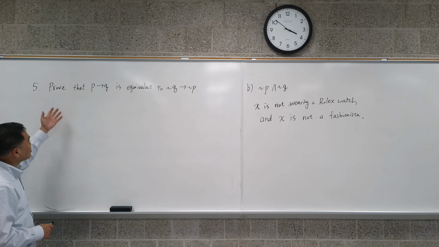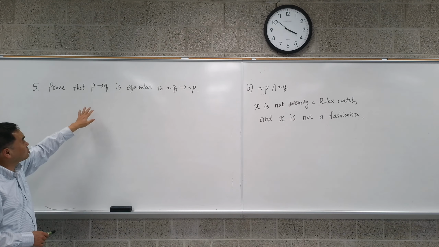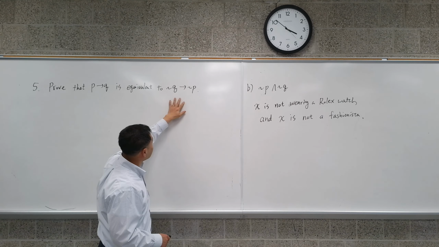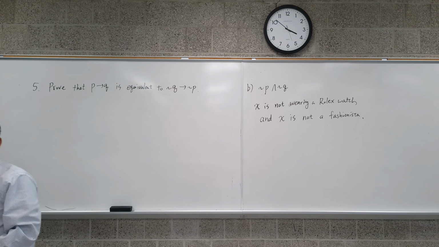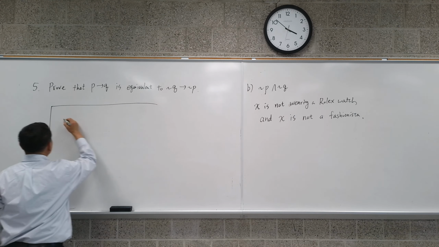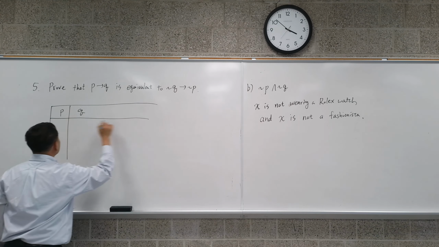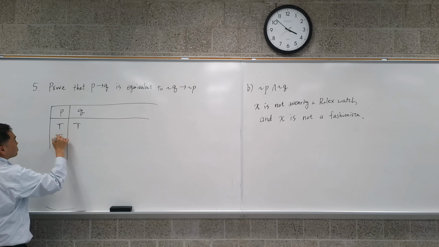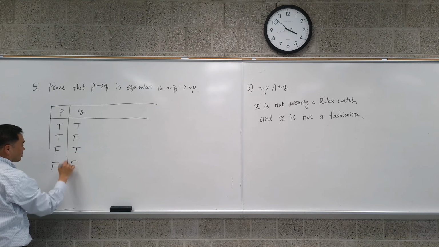But here, we're just trying to show that these two are equivalent, and when you're trying to show that two logical statements are equivalent, all you have to do is build a truth table and show that they have the same value. So it's not that bad, it's quite simple. You just say P, Q: true, true, true, false, false, true, false, false.